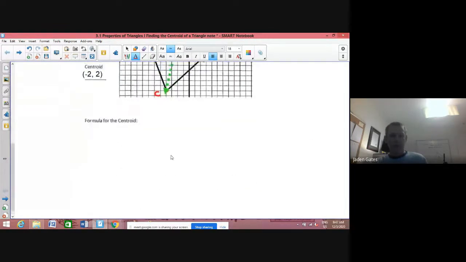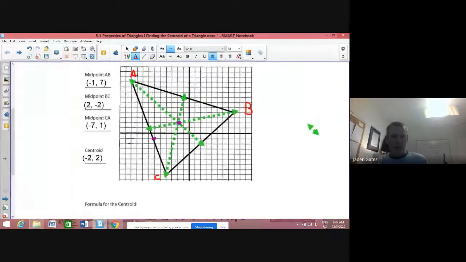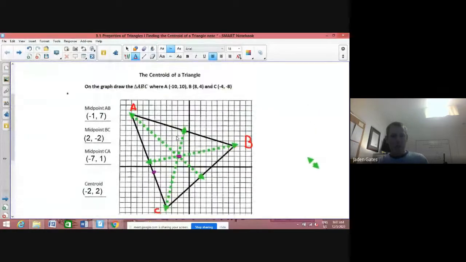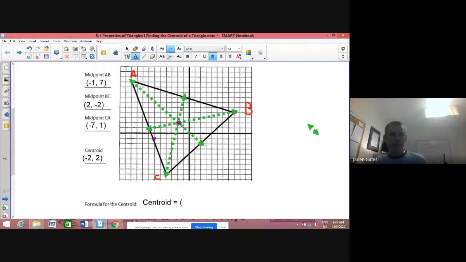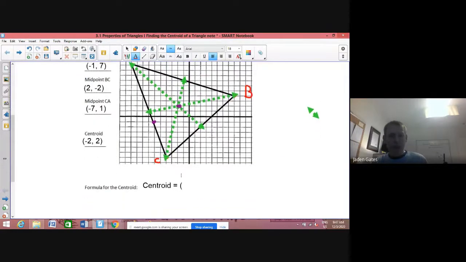There is a formula for the centroid, because this was a lot of work, right? So here is the formula for a centroid. Now this is a lot like our midpoint formula, right? When we found the midpoint of a line, we added up the x-coordinates and divided by 2.